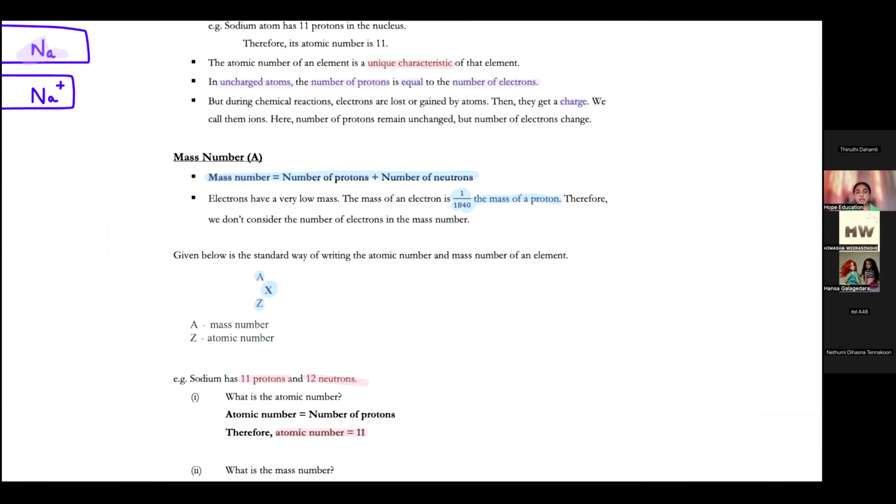Take your writing books and write a question like this. Write Q and then write the question. You can write along with me.